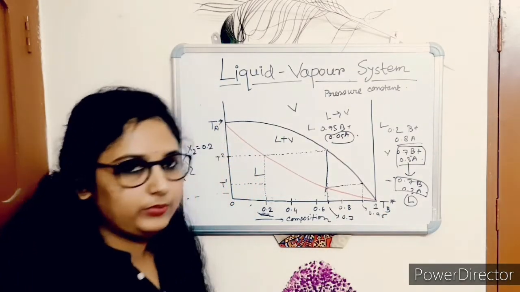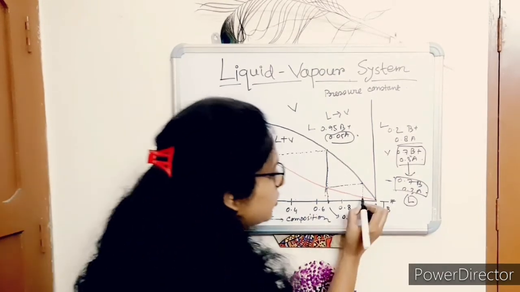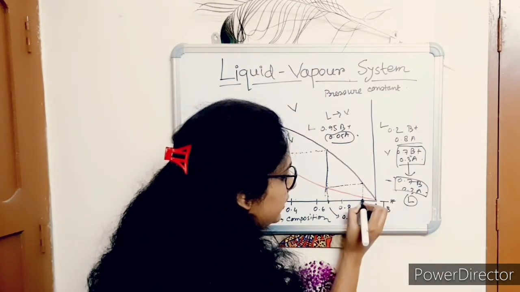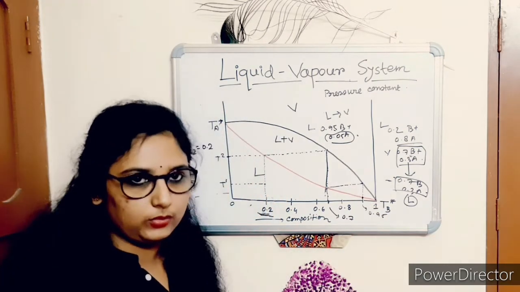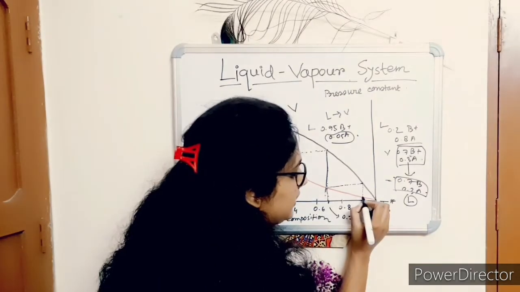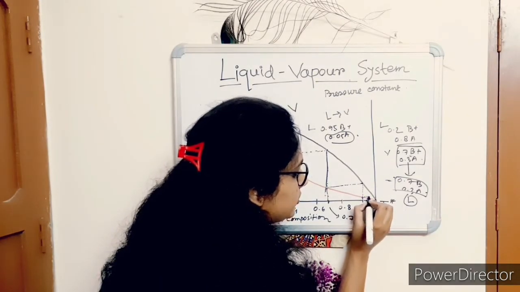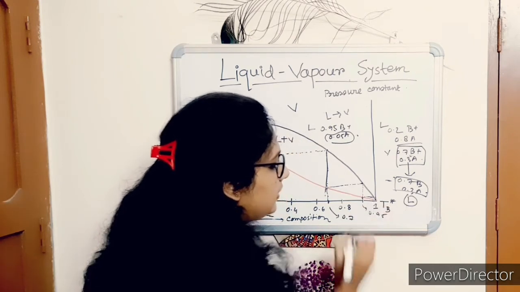Again you have to vaporize it. At this point when you vaporize it, you can get liquid and vapor in the same system. So what is the contribution of B in this vapor state? This is almost nearly equal to 1.